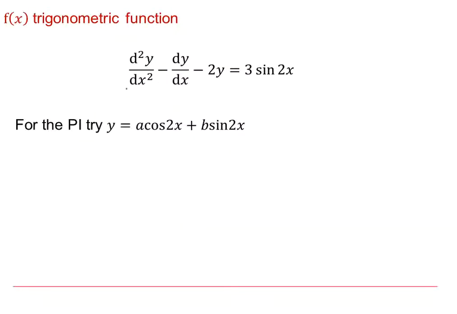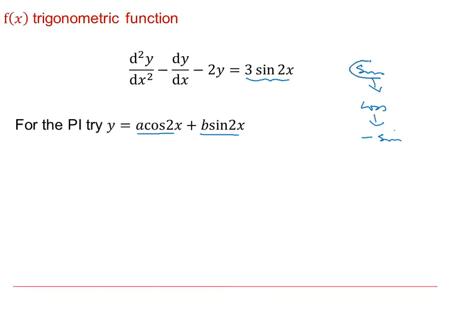So now we need to look at the non-homogeneous case, and here we need to try y equals a cos 2x and b sin 2x, and the reason we need both of these is that if we just used sine, when we differentiate sine we get cos, and when we differentiate cos we get minus sine.